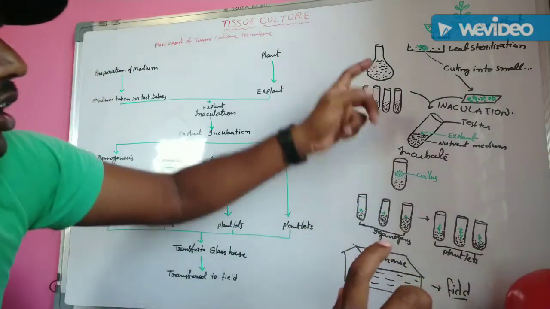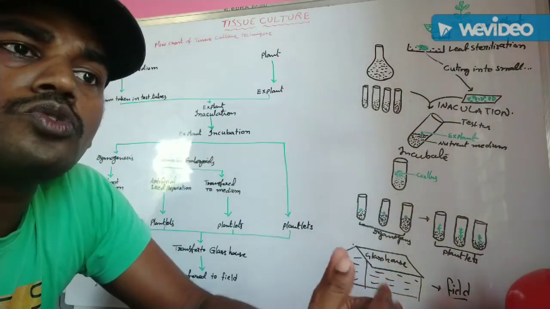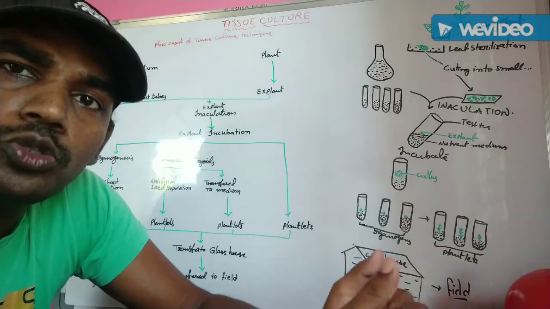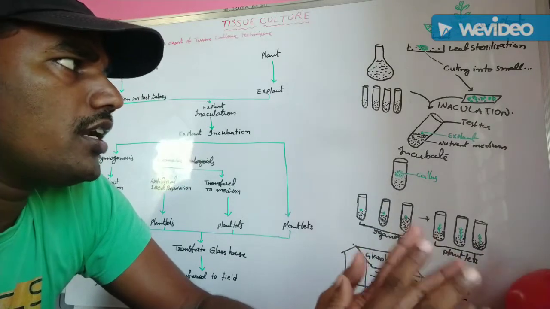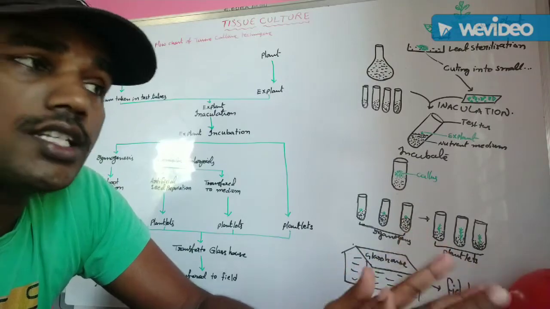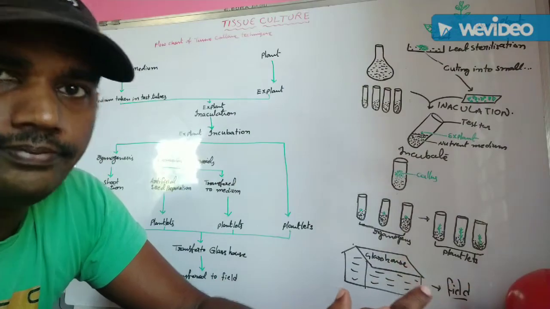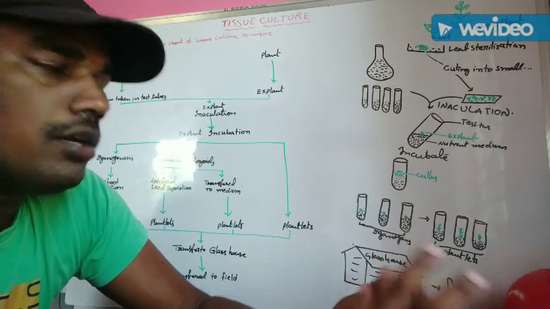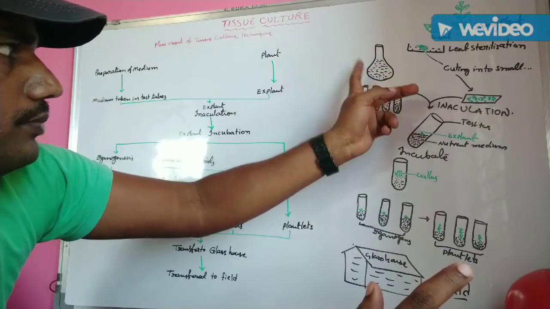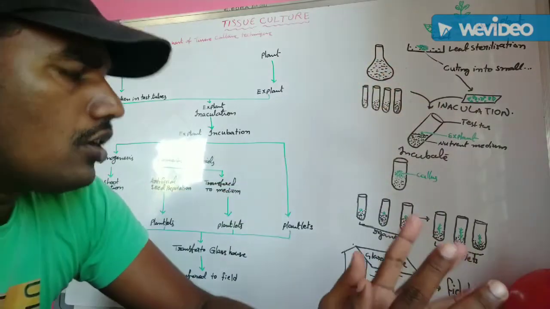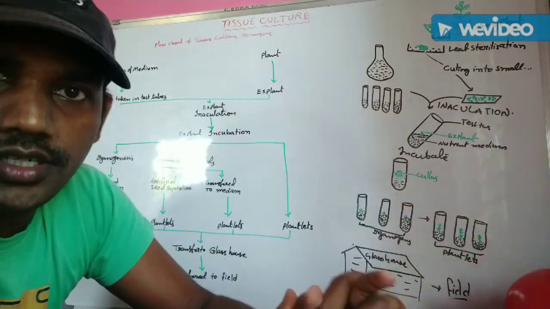In this way, the nutrient medium consists of different types of nutrients to develop a cell into a complete plant. Those nutrients which are necessary for the development of the plant are completely available in the nutrient medium. And also some growth regulators are mixed in this nutrient solution.